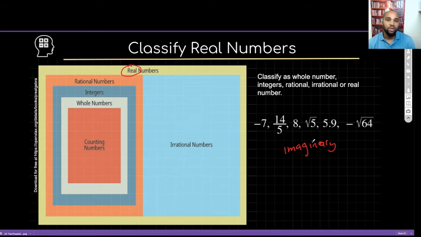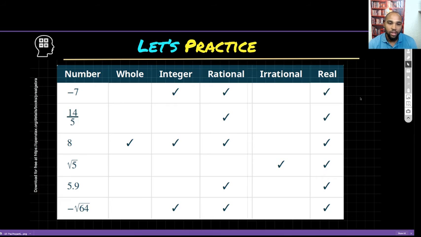You'll get into that later on in Algebra 2 maybe, or intermediate algebra, whatever it's called where you are. But we won't discuss that here. But there is such a thing as imaginary numbers that are discussed at another time.